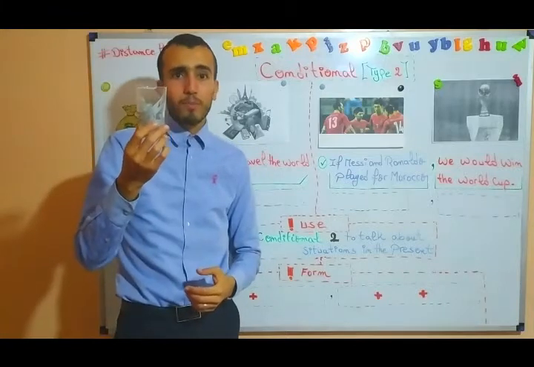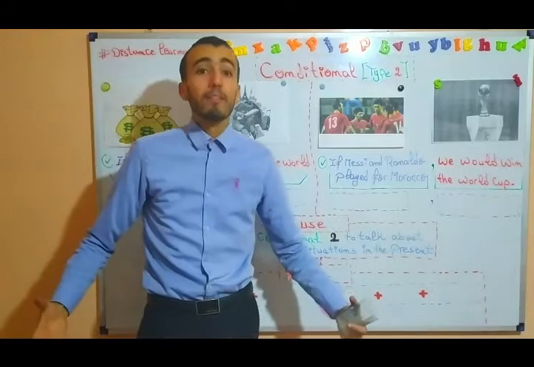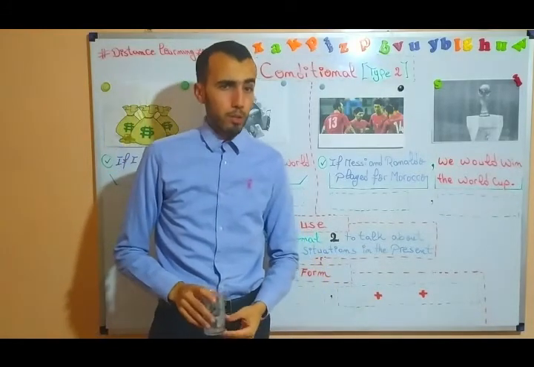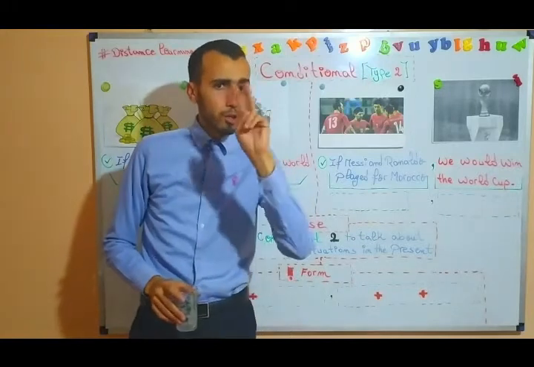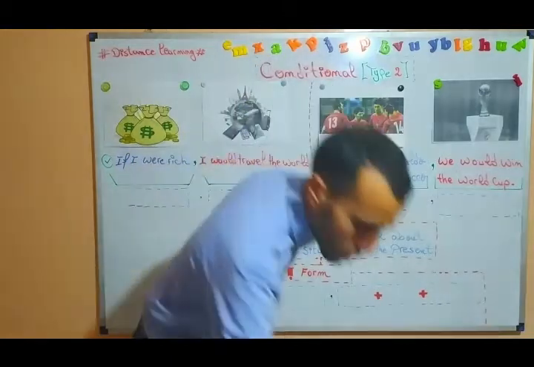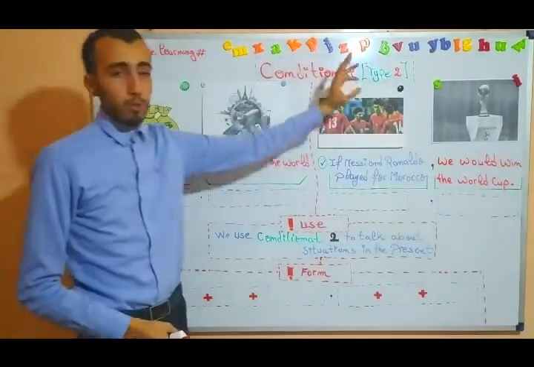An example: if I drop the glass, it will break. So you notice there are two parts within a conditional sentence. This is exactly what we're going to see with conditional type 2 as well.